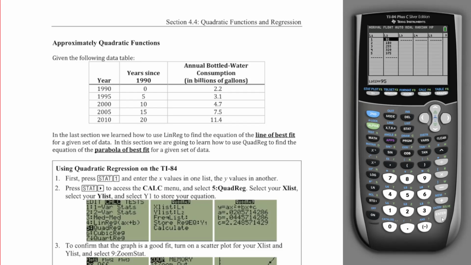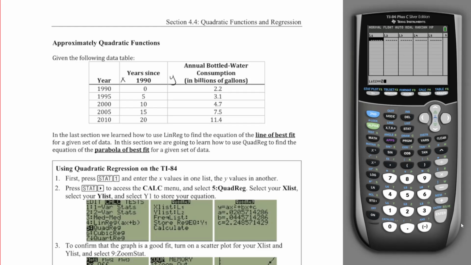To fit a curve to it, I'm going to start by entering the data table on the calculator. So my x values represent the number of years since 1990, and my y values represent the bottled water consumption in that year.